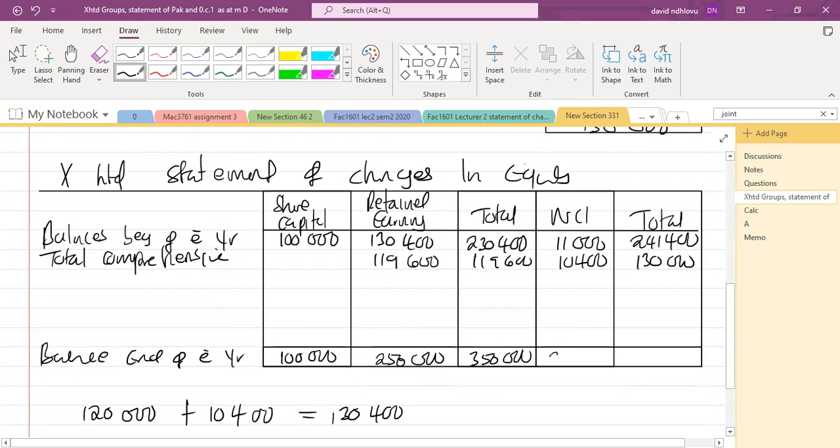We are going to get 21,400. All in all, we are saying 350,000 plus 21,400. We are going to be looking at 371,400. So that's our statement of changes in equity. Right, are we on the same page, good people?